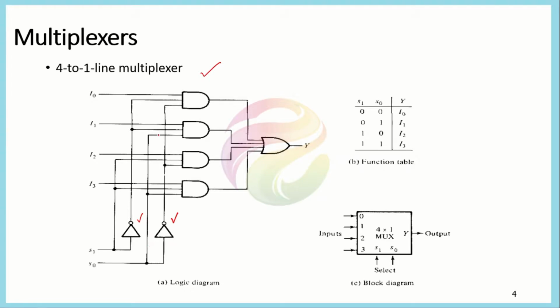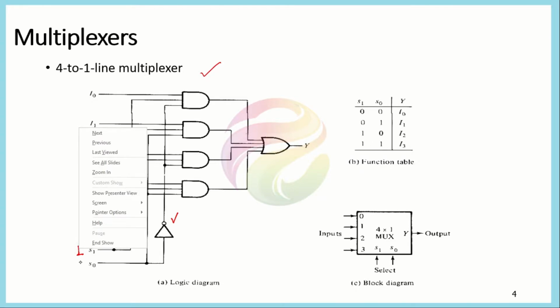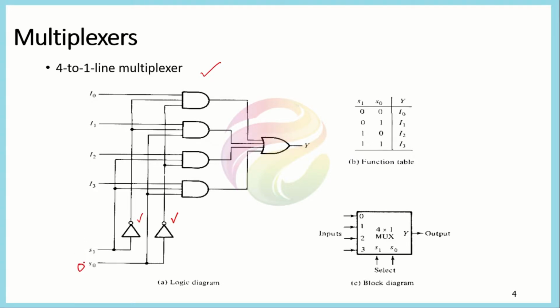At any given time, only one of them would be generating a value, while all the rest would be equal to 0. Suppose we select S1 equal to 1 and S0 equal to 0. We take any one combination from here. In this case, if you see this combination, this 0 is first connected to this one, so we will get a 0 here.